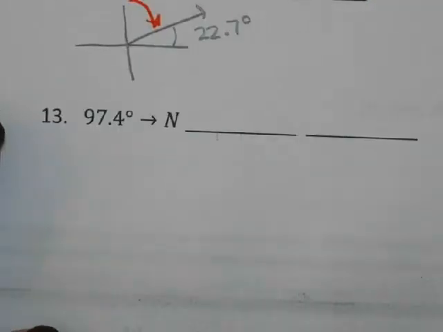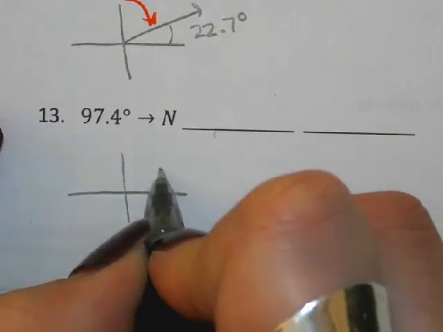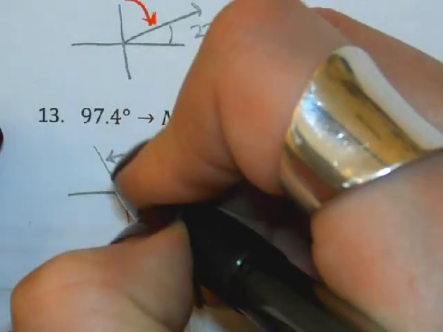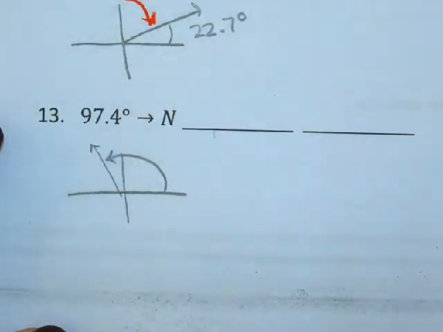Okay. If we look at number 13, 97 would be just a little bit past the end of quadrant 1. So that would be northwest, good.